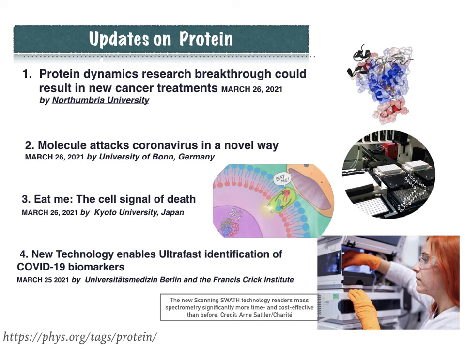The fourth is the new technology that enables ultra-fast identification of COVID-19 biomarkers, conducted by the Universitätsmedizin Berlin and the Francis Crick Institute. These two institutes have developed a mass spectrometry based technique capable of measuring samples containing thousands of proteins within just a few minutes.